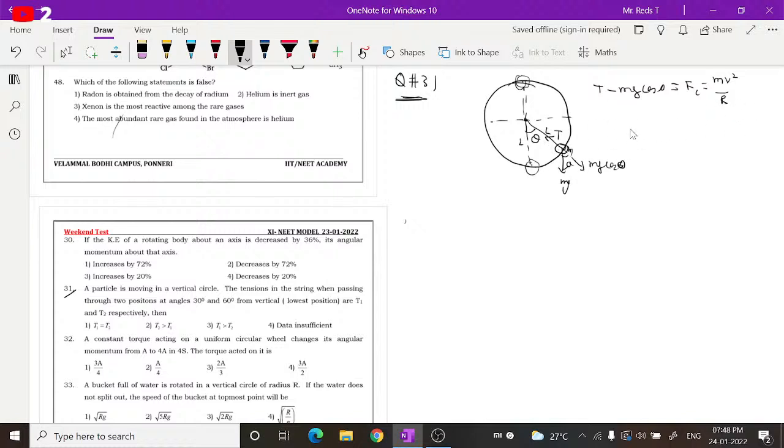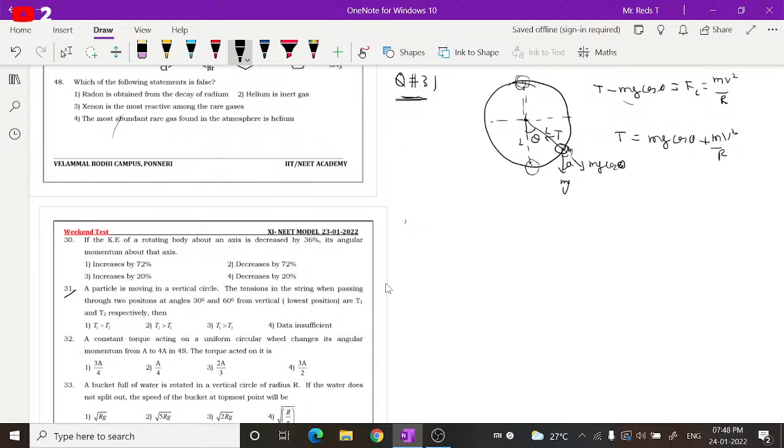So from this you can say T is equal to mv square by r, and moving mg cos theta across, it becomes plus mg cos theta. We can write it as mg cos theta plus mv square by r. This is the value of tension at any arbitrary point, where v is the velocity at that particular point.